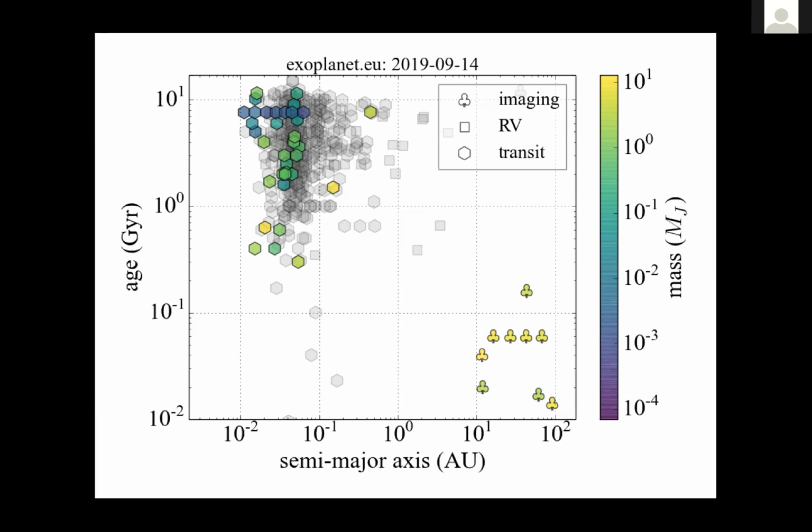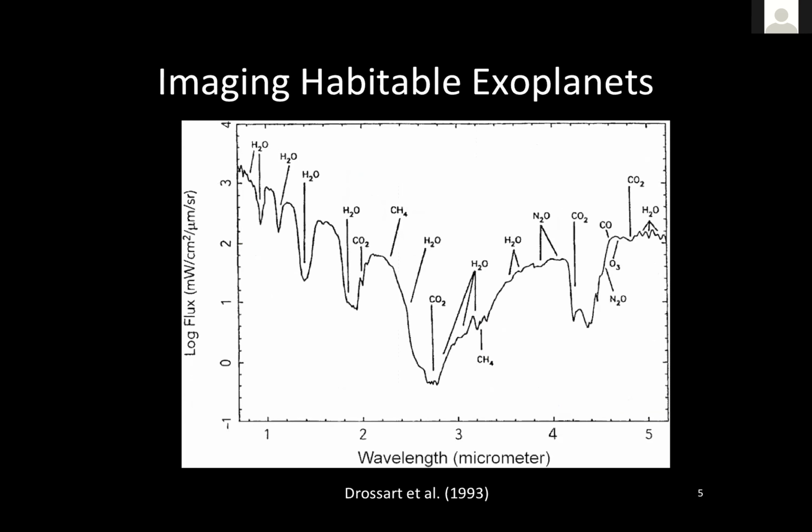So moving forward, a reason why this is the main focus of a lot of future missions is that we want to detect habitable exoplanets. So ultimately we want a spectrum like this. This is a near-infrared spectrum of Earth.